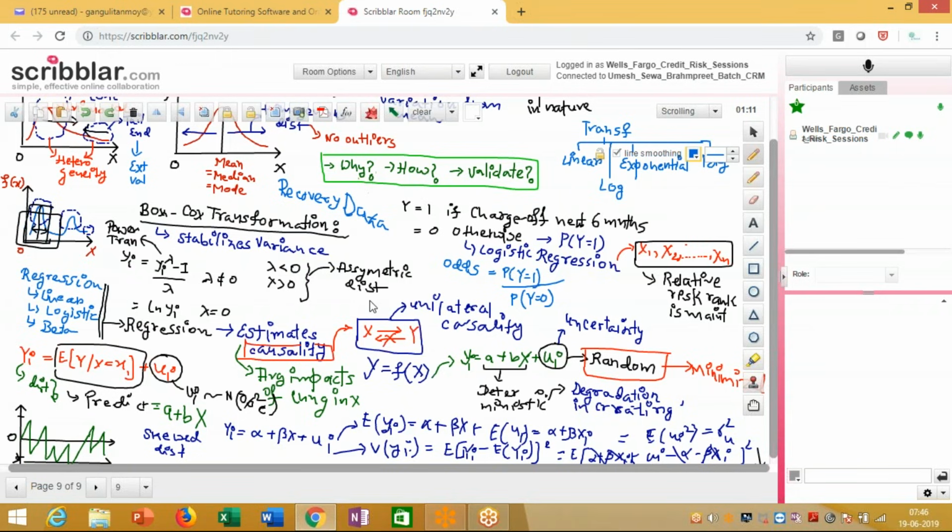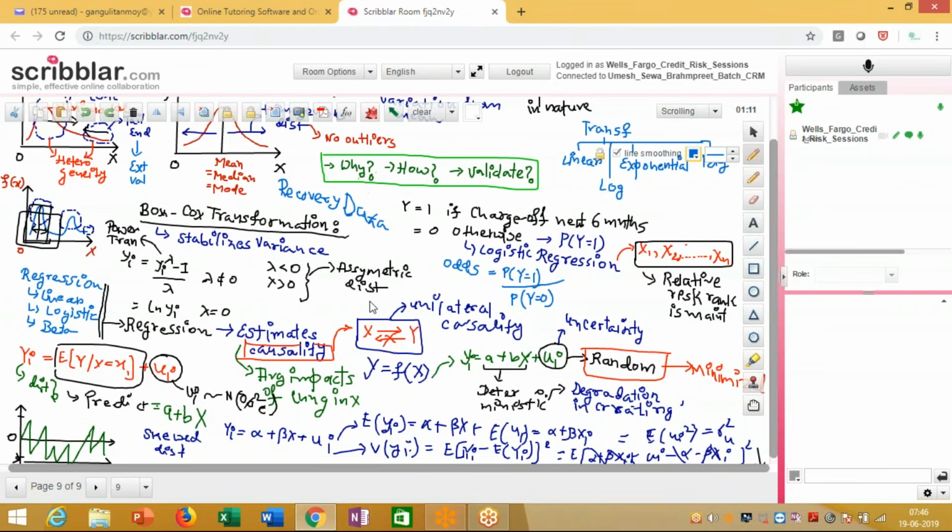So that's one part of the story. Now the second part of the story is the performance period in the LGD model. The performance period in an LGD model is based on the performance in the recovery data.